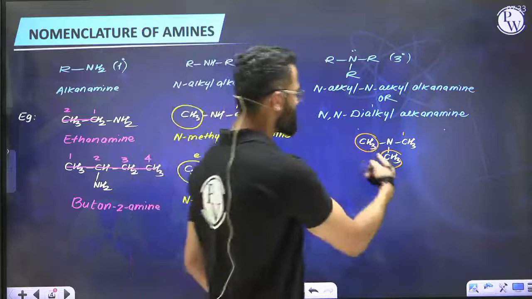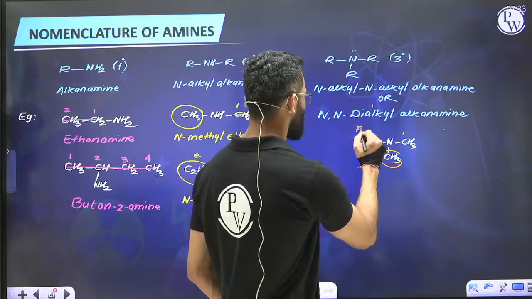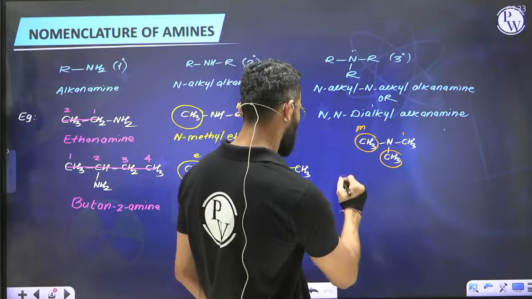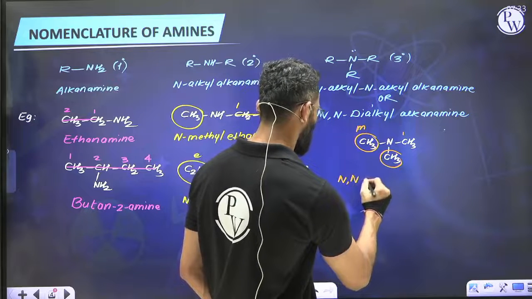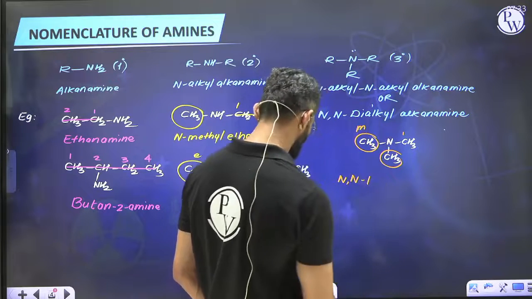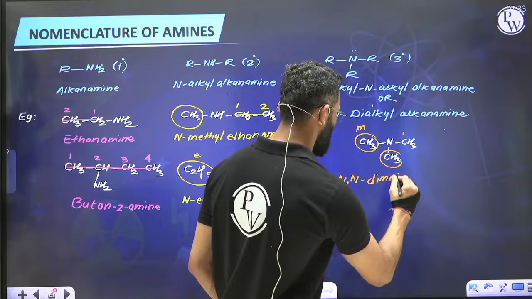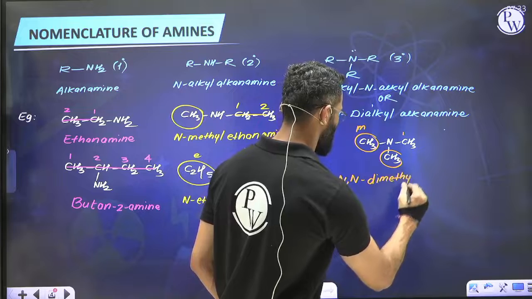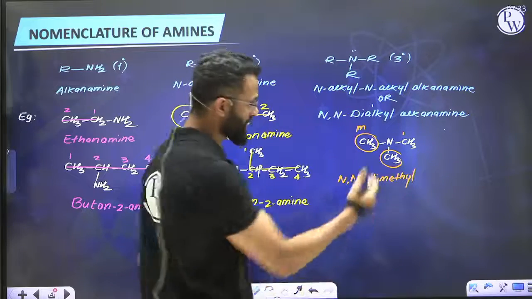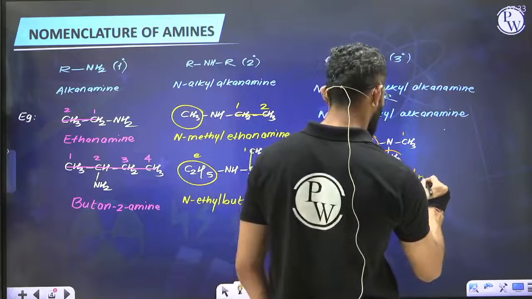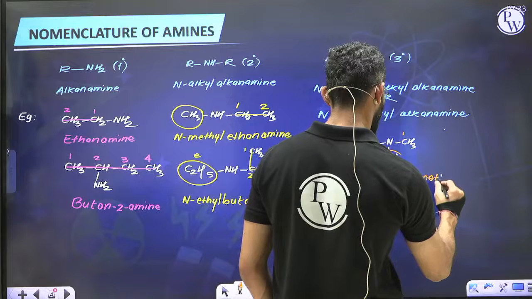So 2 substituents being identical, which are methyl, we'll call it N,N-dimethyl, and the parent again contains 1 carbon, meaning methanamine.